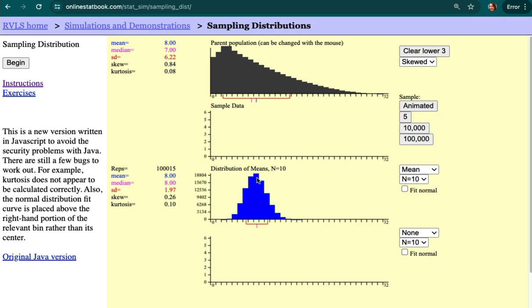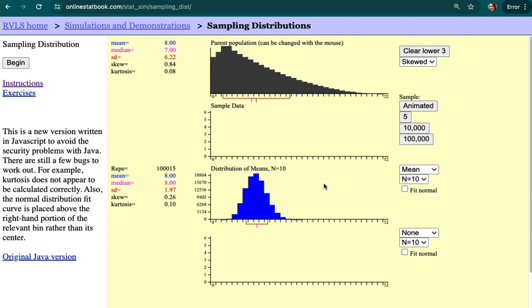The tallest rectangle is between 8 and 9, which is interesting. That would tell us what the median is. But the mean and the median are both 8.00, which is kind of what we were expecting. So you can also see that the histogram is kind of symmetric. It's symmetrical, and it is tallest in the center, and then it tapers off to both sides, which tells us that this distribution is bell-shaped.